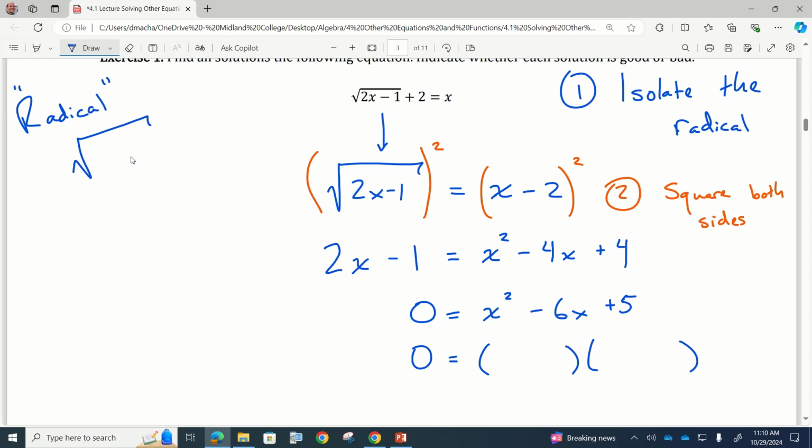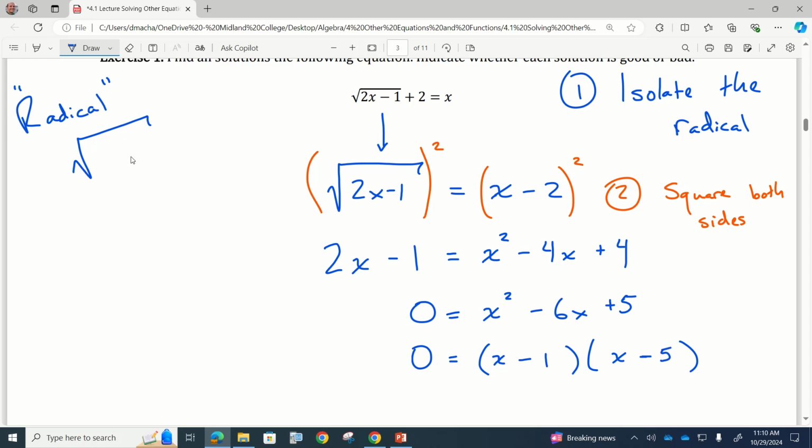This one factors as... well, negative 3 times 2 gives me a negative 6, but I needed the product to be a 5. We need it to add up to negative 6, but multiply to give me 5. So yeah, this one would be negative 5 and negative 1.